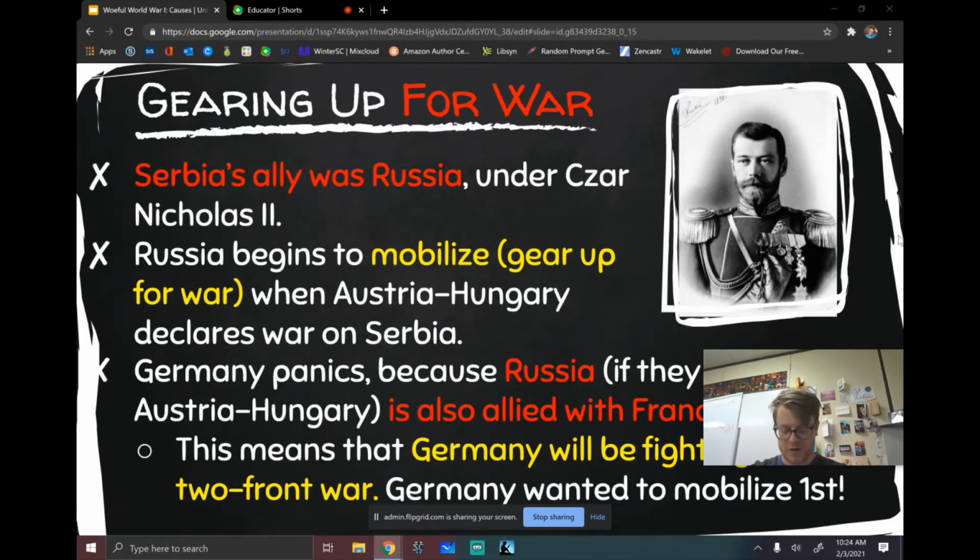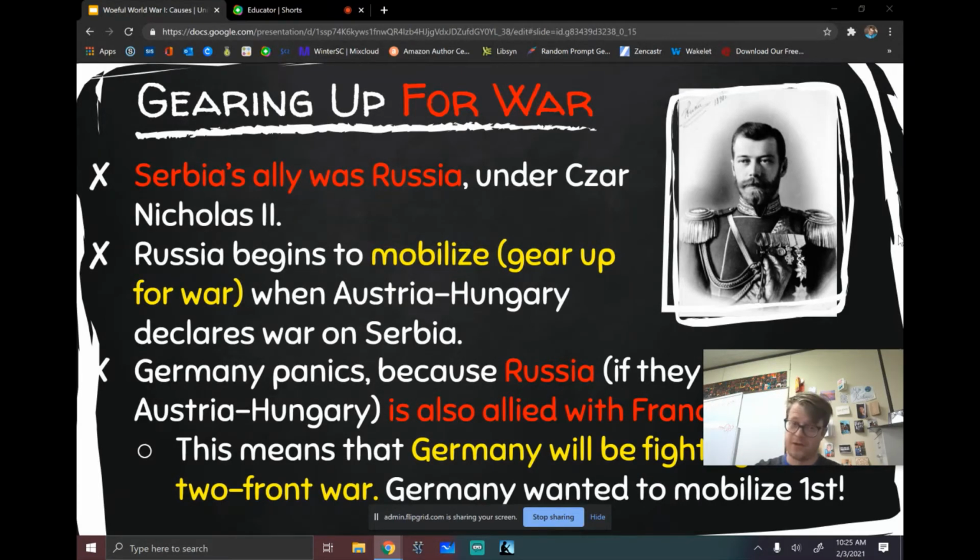And when Russia starts to do this, this throws Germany into an absolute panic. Because Germany, simply put, didn't think that Russia would take this step. They hadn't calculated the odds on that. The other reason the German high command freaks out is because if Russia starts mobilizing and Germany and Austria-Hungary have to go to war with them, Russia is also allied with France.